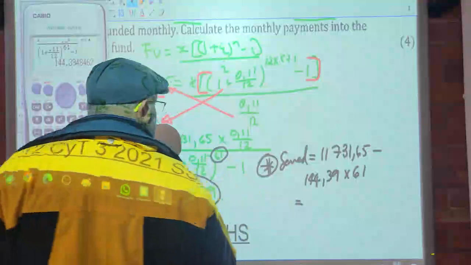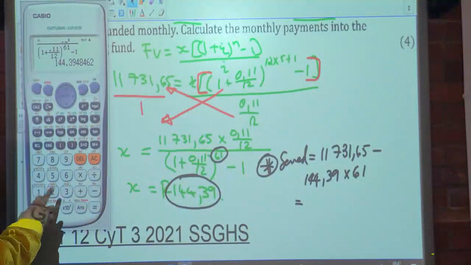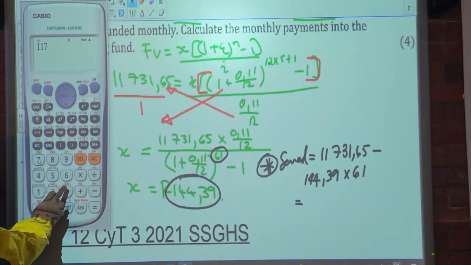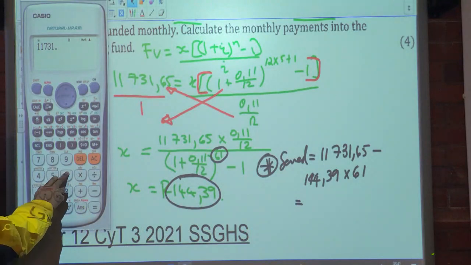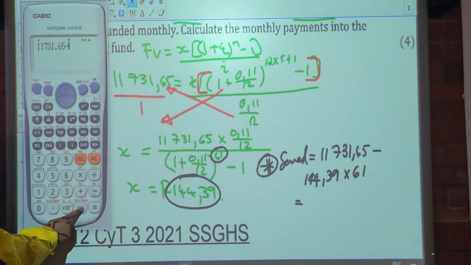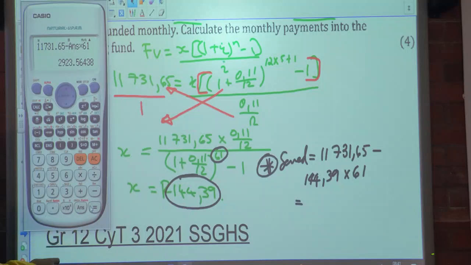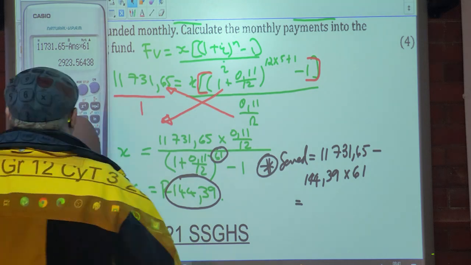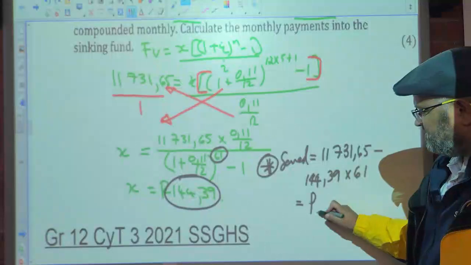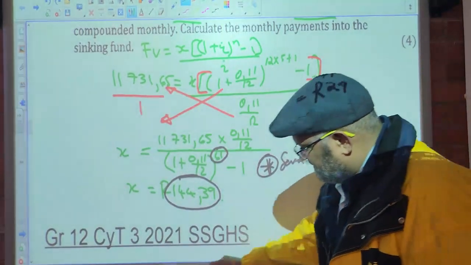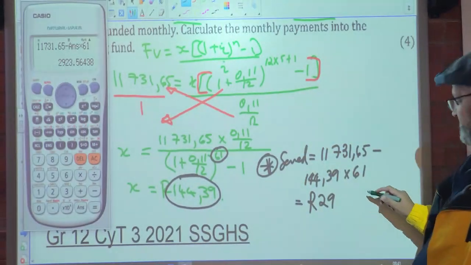So calculate that amount: 11,731 Rand and 65 cents minus that answer times 61. So they have actually saved themselves 2,923 Rand and 56 cents.